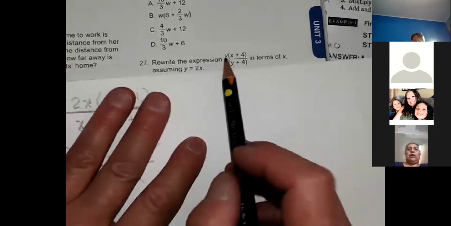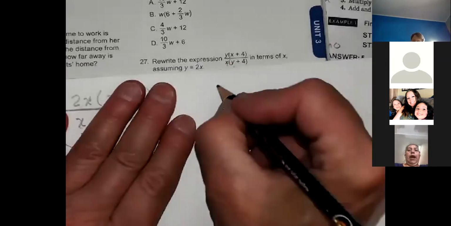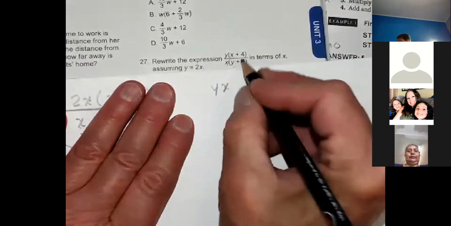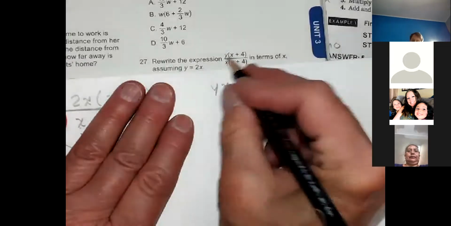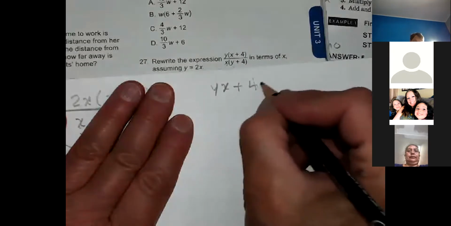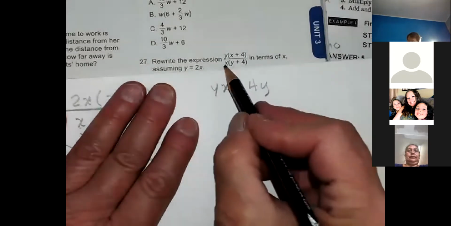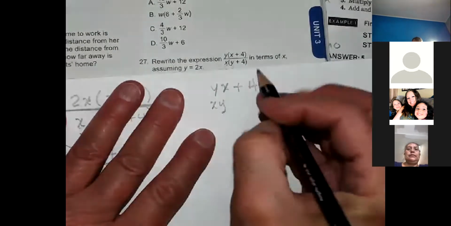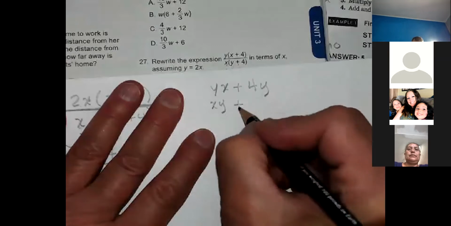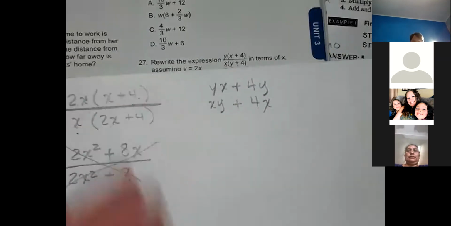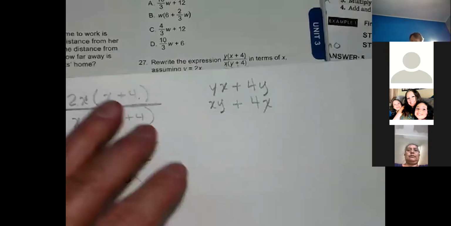We'll try this. I'm going to distribute first. y times x is yx plus y times 4 is 4y. x times y is xy. x times 4 is 4x. I don't think I'm going to like this either.